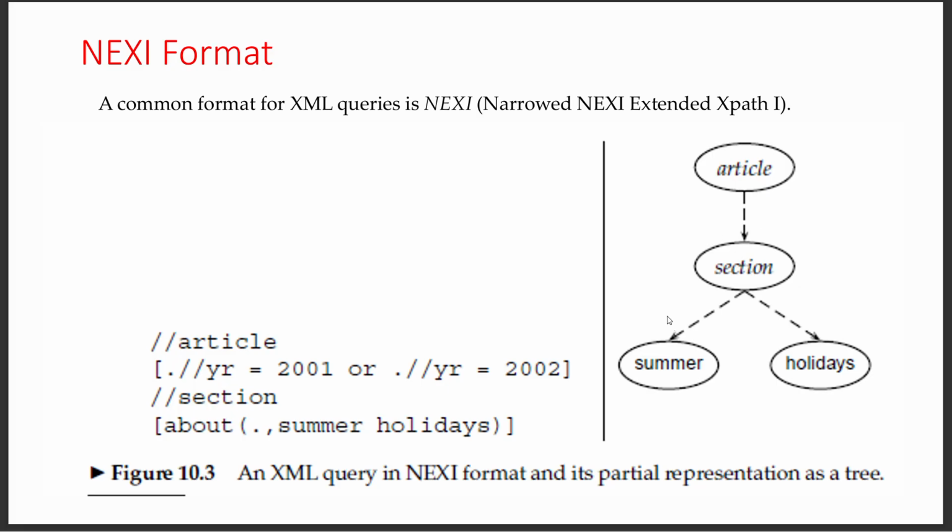From section we have two parts, one is summer, another one is holidays. So this is your NEXI format, which I'm showing. Slash slash article, square brackets open, dot slash slash yr equal to 2001 or dot slash slash yr equal to 2002. Now section, about, opening brackets, dot comma summer holidays. So this is how your NEXI format is going to look for a given XML document.